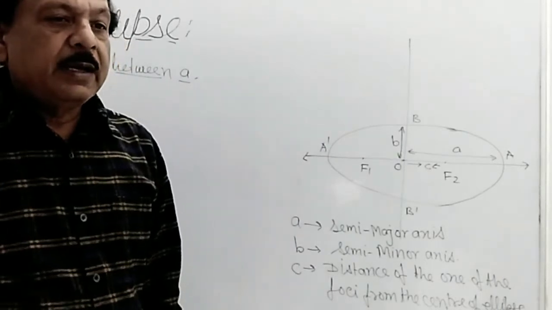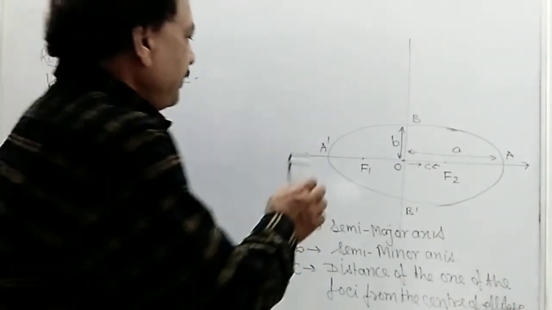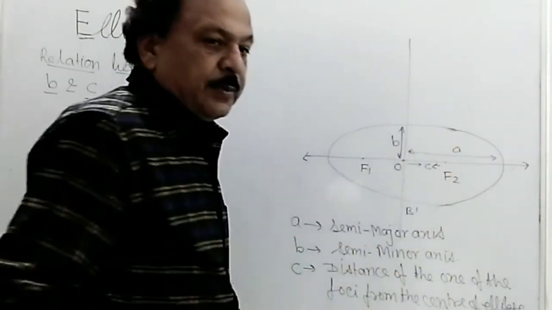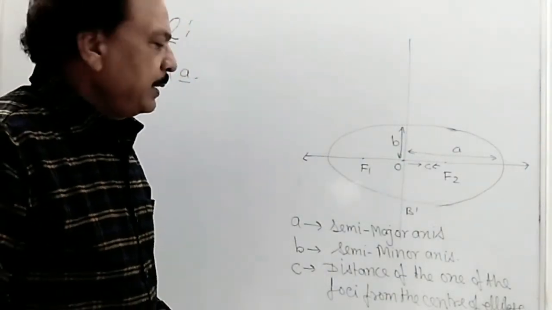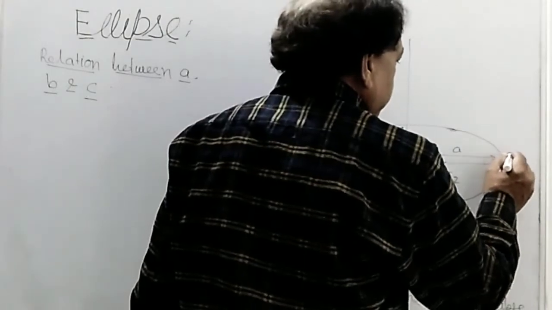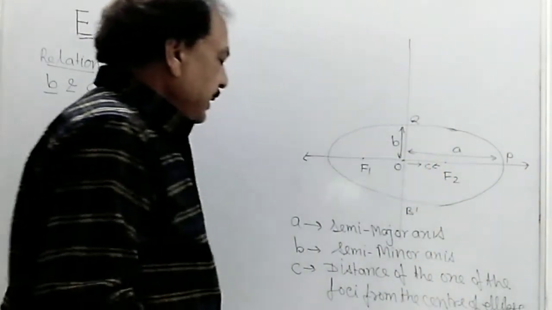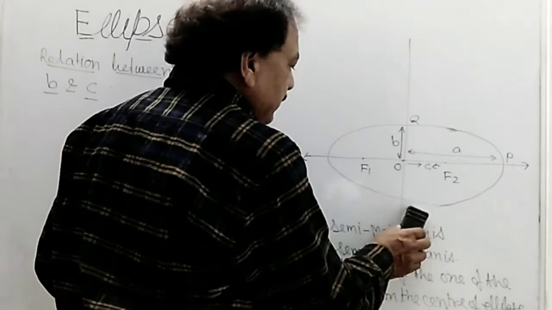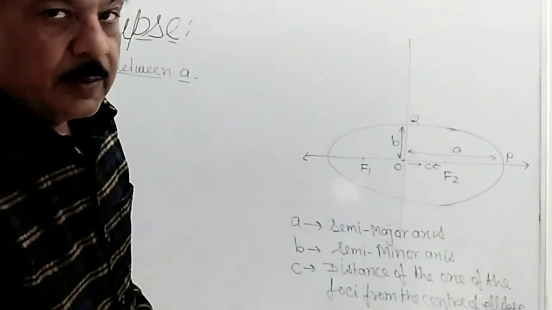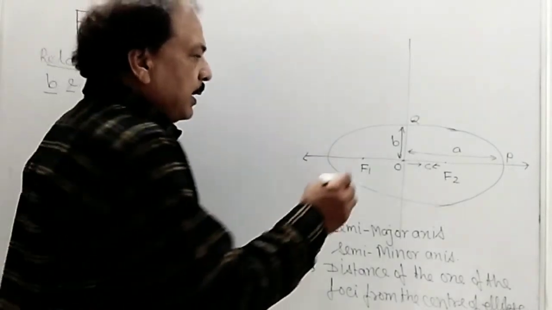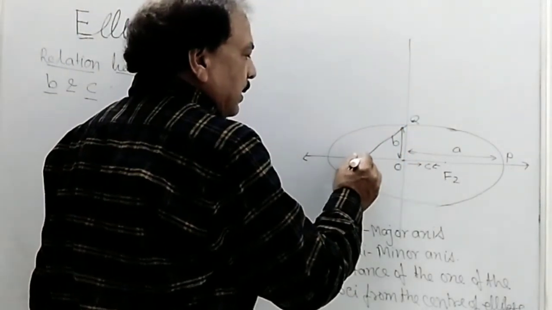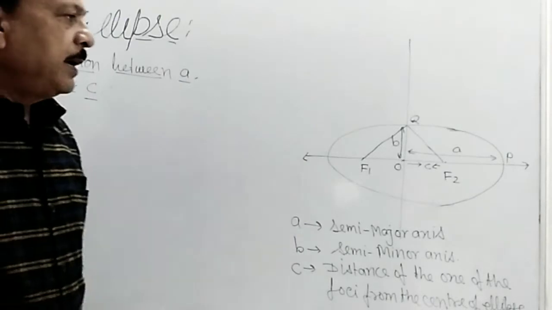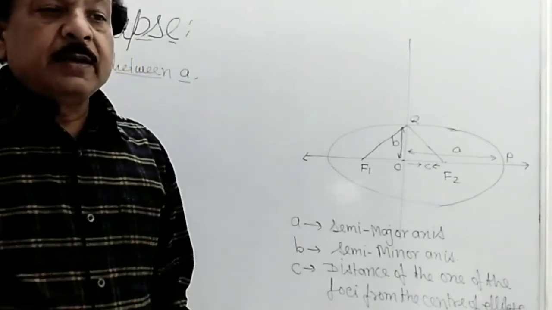Here you see F1 and F2 are the foci. Now consider P is a point on the major axis and Q is any point on the ellipse. Now join QF1 and QF2.